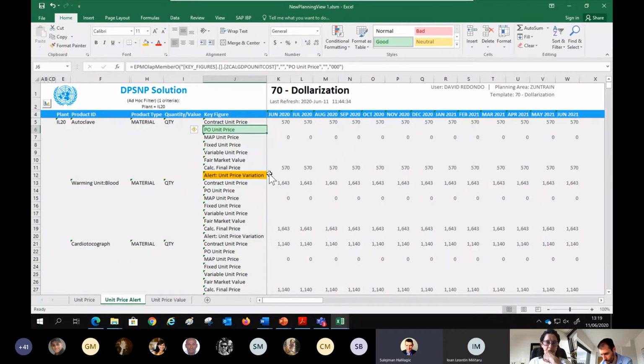And also, for example, when we have new products that never existed, or are not in the contract portfolio, and then fair market value is established by the end user, and now moving forward we have a contract established, and then we know the exact price, whether the system will switch from what was assumed as fair market value to the actual PO or contract value.